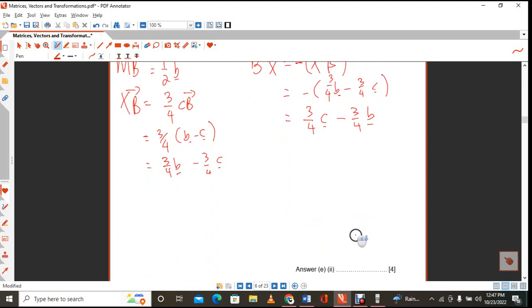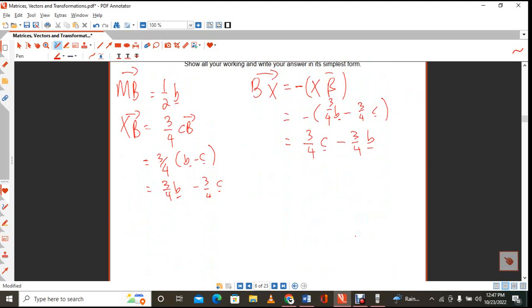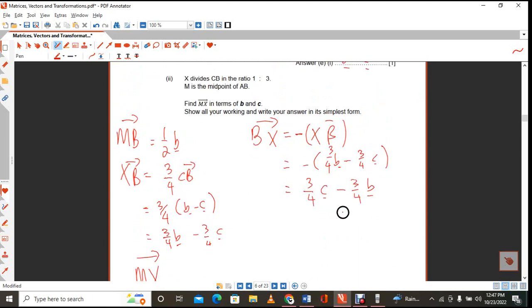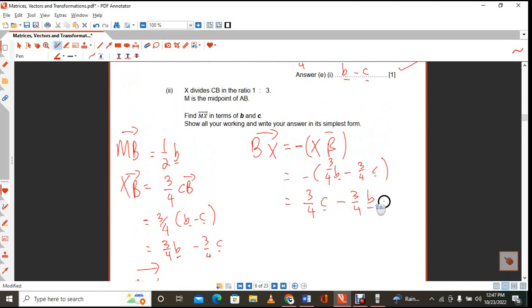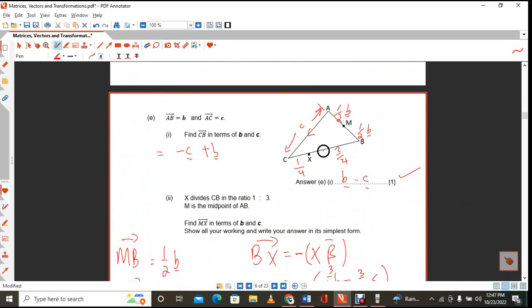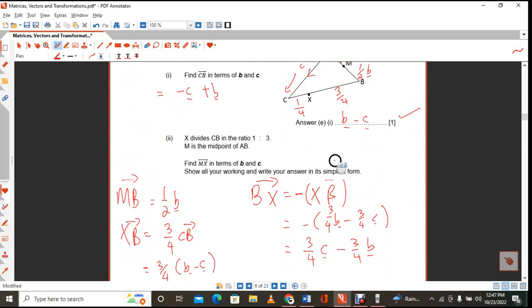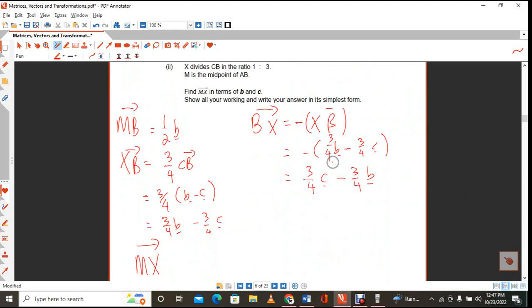Now that I have all of that, how will I find MX? Well, MX, which is what I am required to find, is going from M to X, so I'm going MB plus BX, okay? That is going to be equal to MB plus BX.